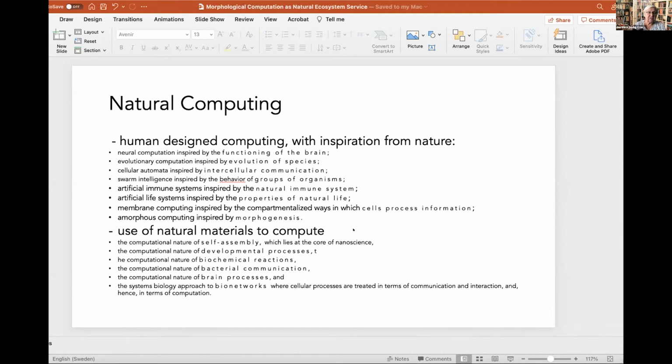This is just a slide showing the domain of natural computing in general. It reminds you that it is human-designed computing with inspiration from nature.